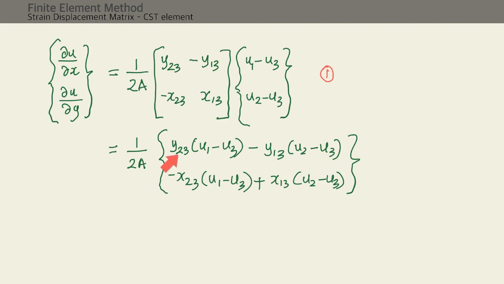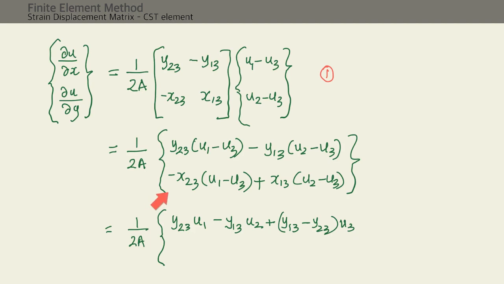If we further expand these terms, this would be y23 into u1. Then there is only one u2 term here, that would be minus y13 into u2. Then we have y23 into minus u3 and plus y13 into u3, plus (y13 minus y23) into u3.